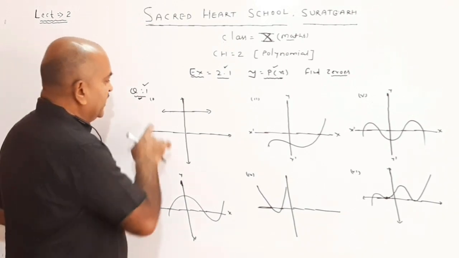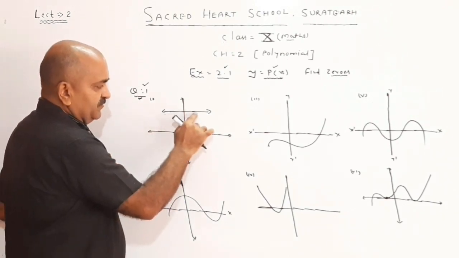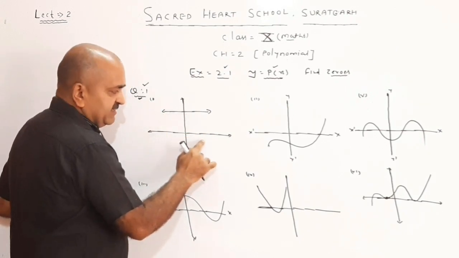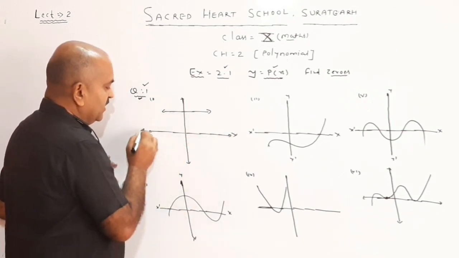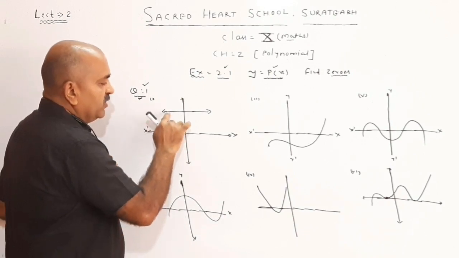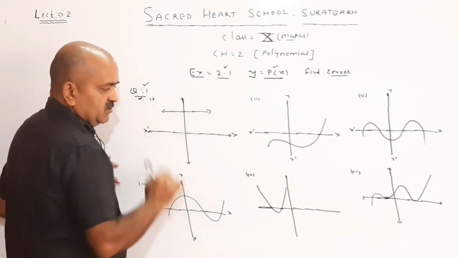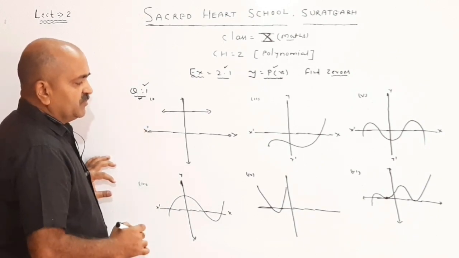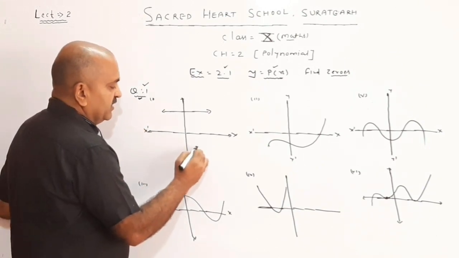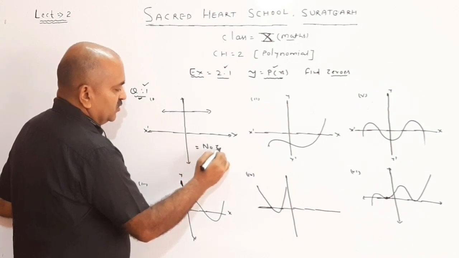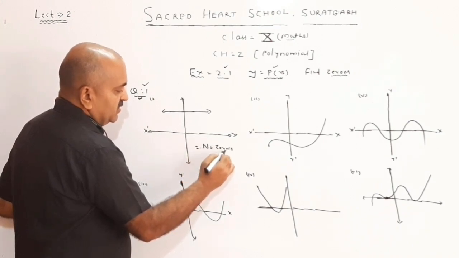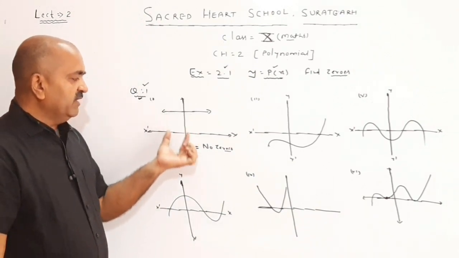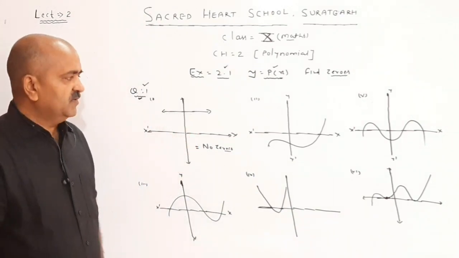So students, in the first part, this graph does not intersect the x-axis. This is the x-axis, and this graph does not intersect it. So how many zeros of this polynomial? The answer is no zeros, because this graph does not intersect the x-axis.